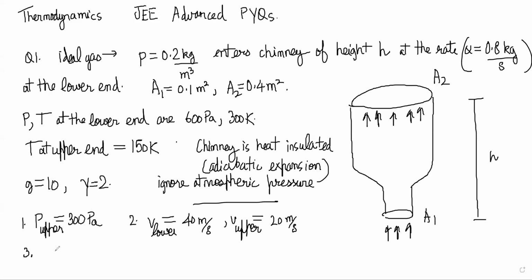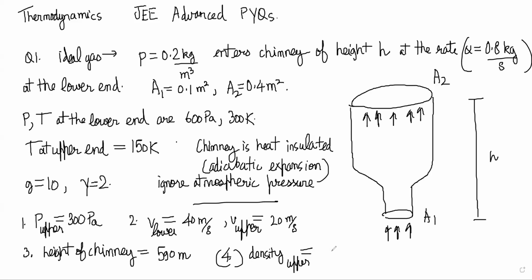Third, height of the chimney is 590 meters. And fourth, density of gas at upper end is 0.05 kg per meter cube. So we have to select which statement is correct.